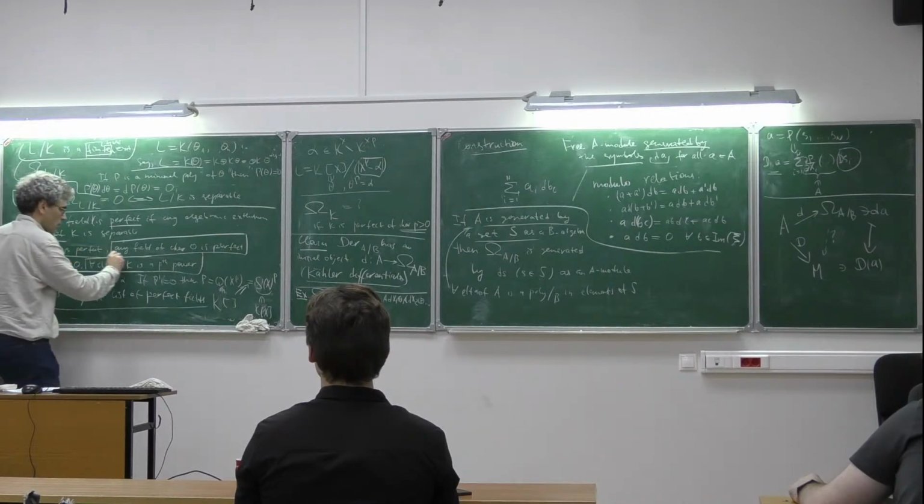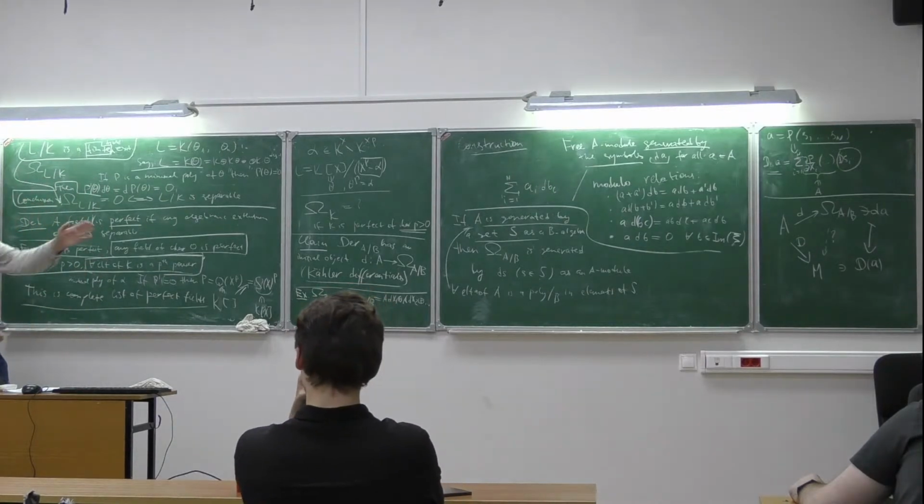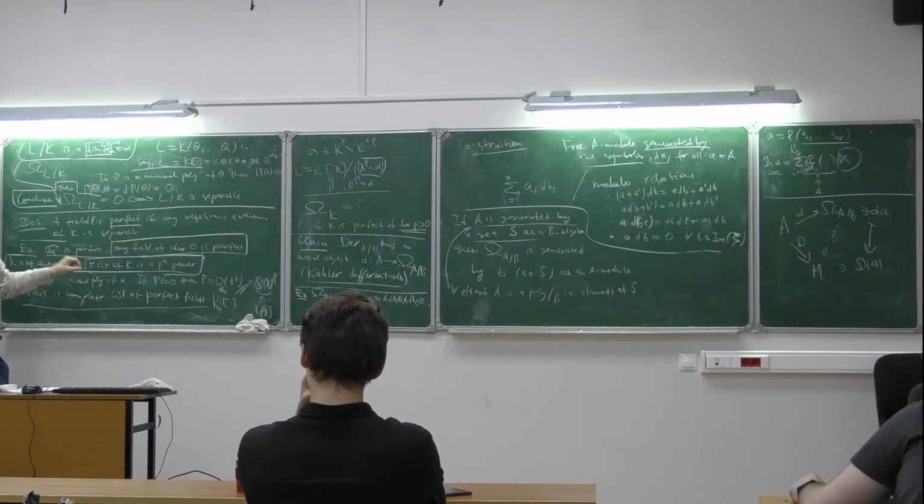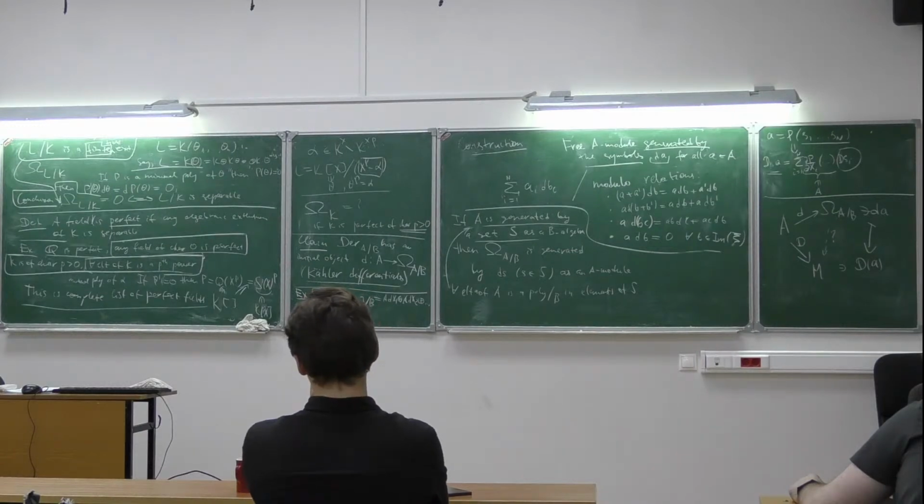You see that we assume that this characteristic is positive. This means that any element is a pth power of something. So what is the derivation of a pth power?